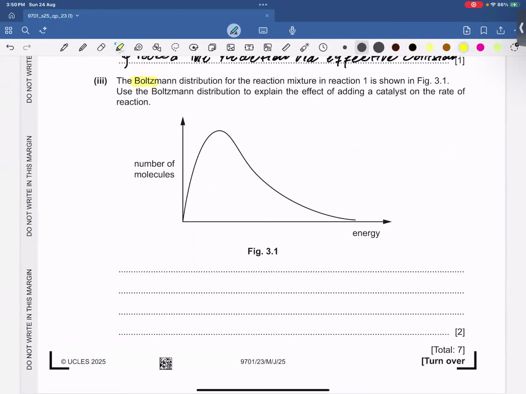Next part of the question is the Boltzmann distribution for the reaction mixture in reaction 1 is shown in figure 3.1. Use the Boltzmann distribution to explain the effect of adding a catalyst on the rate of reaction. When we add a catalyst, this is the normal uncatalyzed reaction, and with the catalyst, it has to be like this.